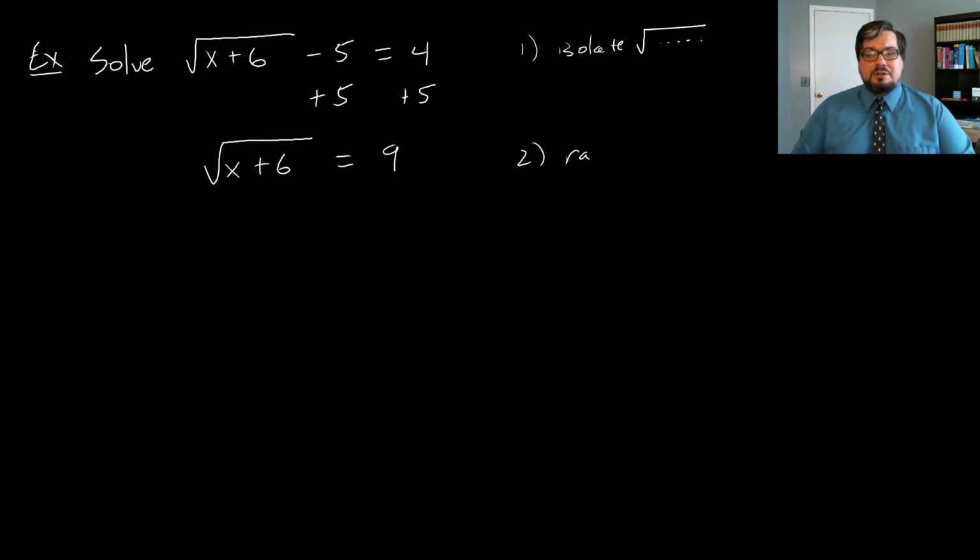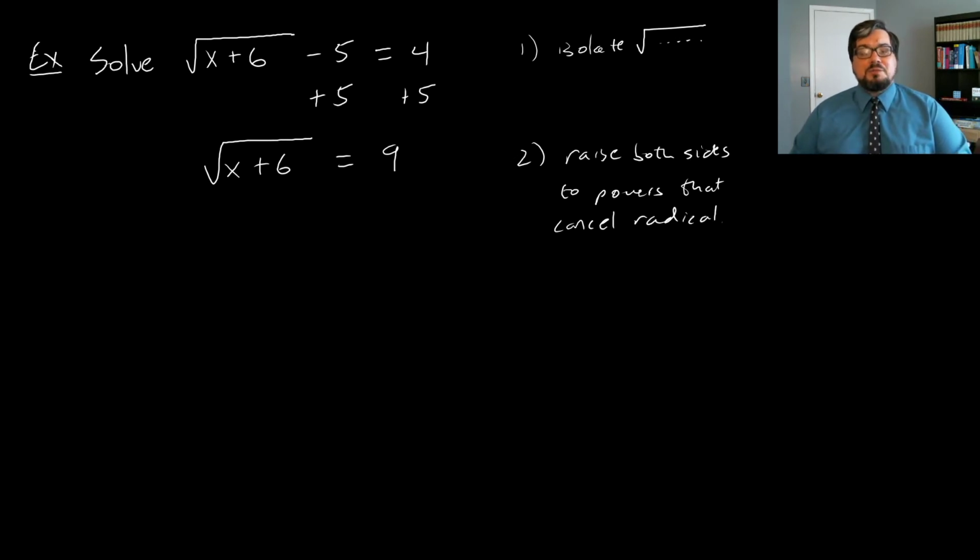Step 2, we want to raise both sides to powers that cancel the radical. Now, the way that you know which power to use is by looking at the index of the radical. Now, this radical doesn't have an index written, which means it's got an invisible 2 sitting there.